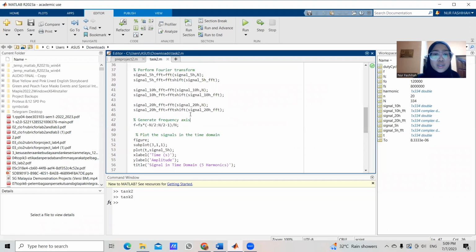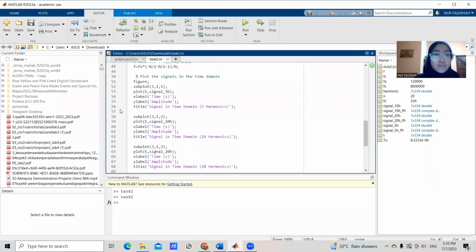Then we generate frequency axis F equals Fs multiplied by negative N divided by 2, to N divided by 2 minus 1, divided by N. And for the plot, we plot the signal in time domain.